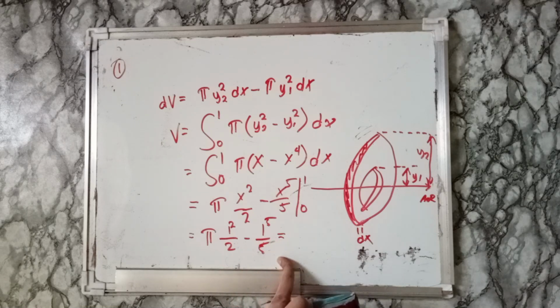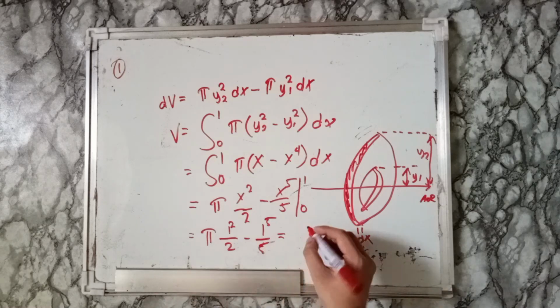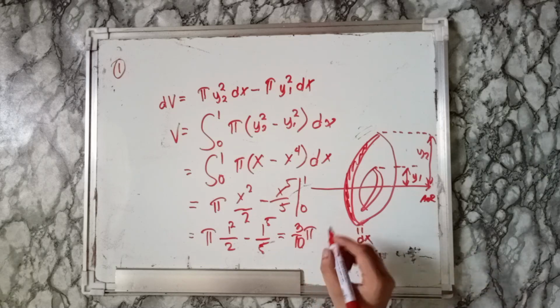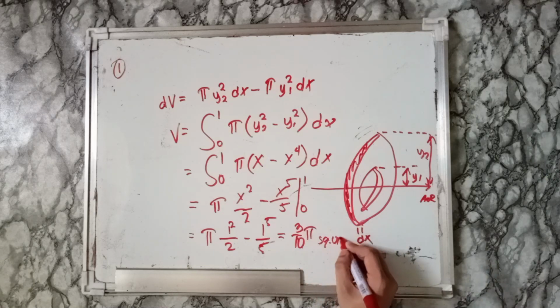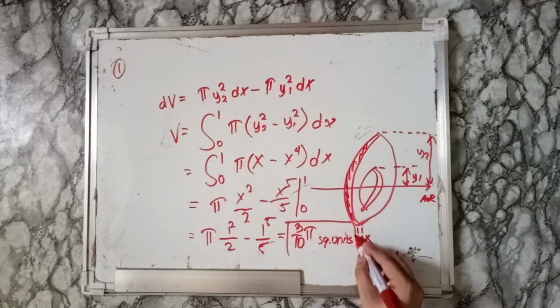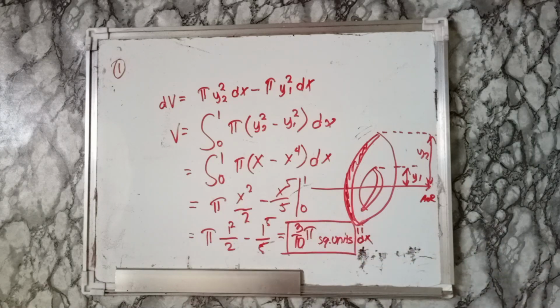So this is actually 3 over 10, right? 3 over 10 multiplied by pi square units. So this is our answer to the problem.